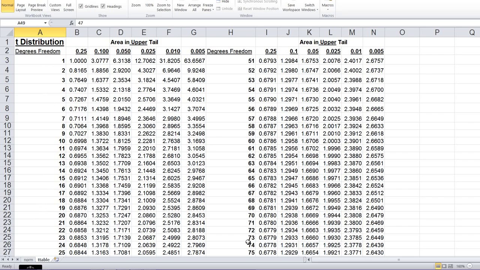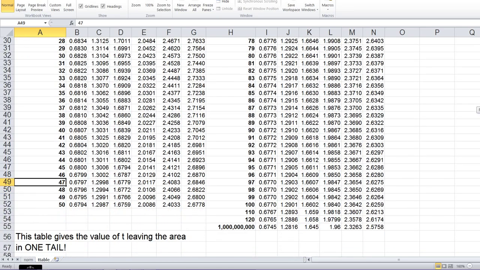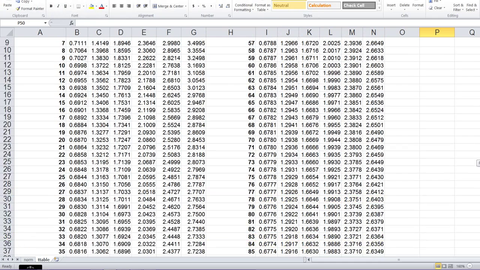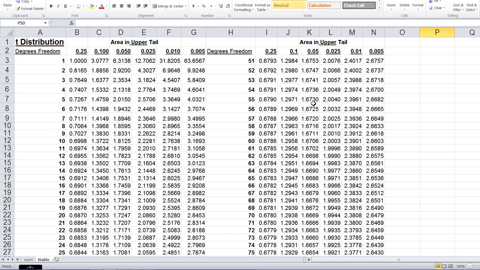So if we have 99 degrees of freedom, that means that we're looking at this row right here. Let me highlight that row. Now, what column we look in order to get a t value. So these are the t values here that you put into formulas like margin of error. The t value you get by looking at degrees of freedom, that's the row, and the column is the area in the upper tail.